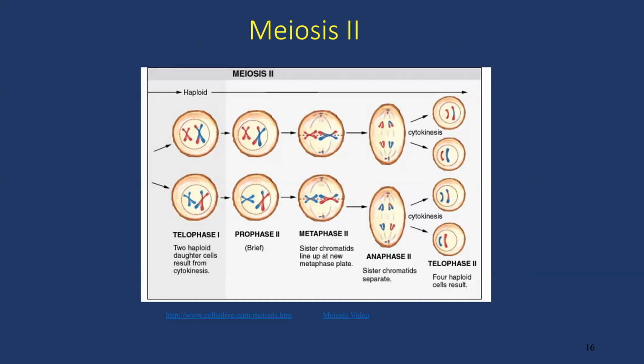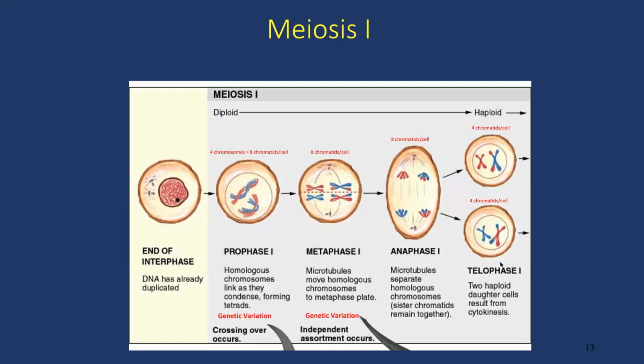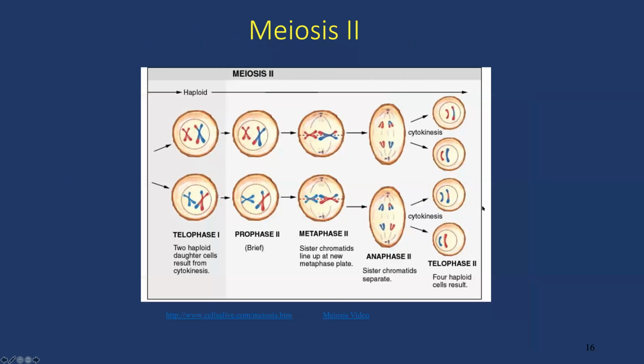So here's meiosis 2. These two cells on the right, we go forward to the next step. There they are again, now on the left, and they are haploid, and they're going to continue to be haploid throughout meiosis 2. We picked up these two cells in telophase 1, and now we go to prophase 2 and metaphase 2, where again the chromosomes line up at the metaphase plate and can randomly assort.